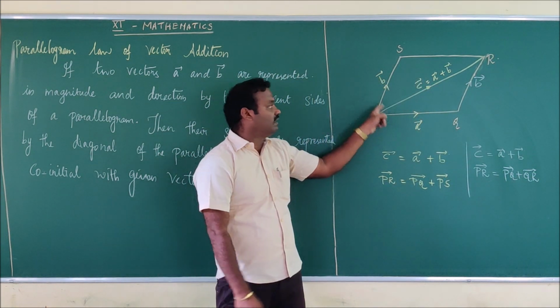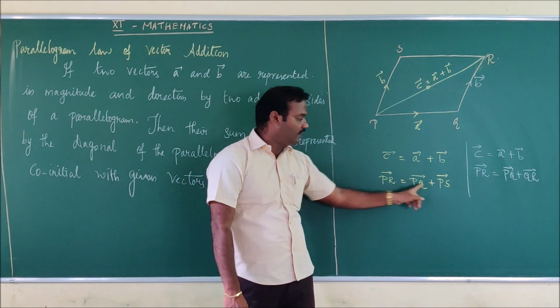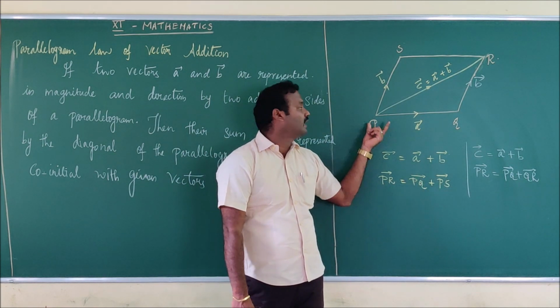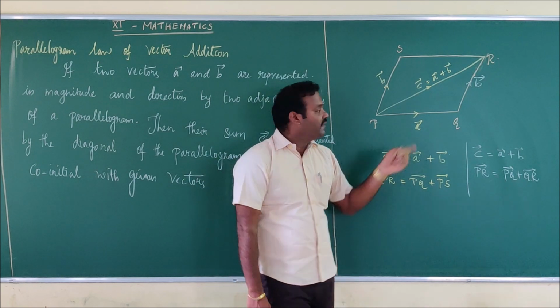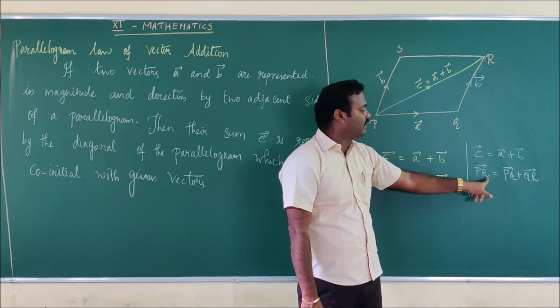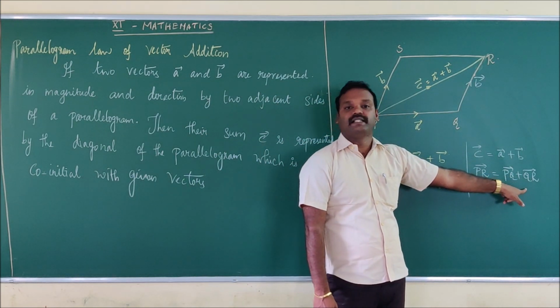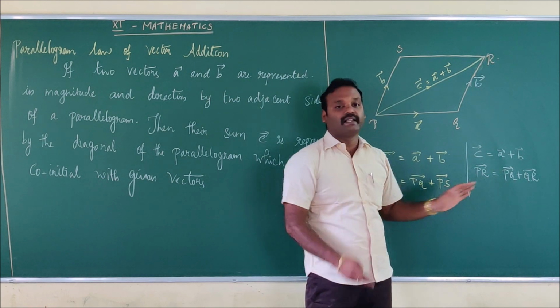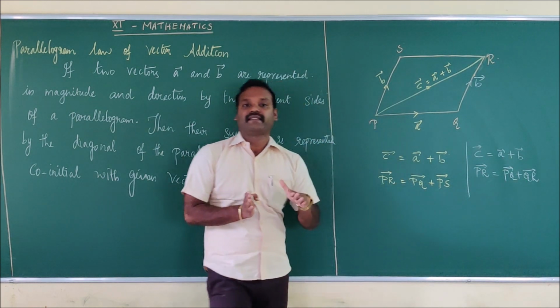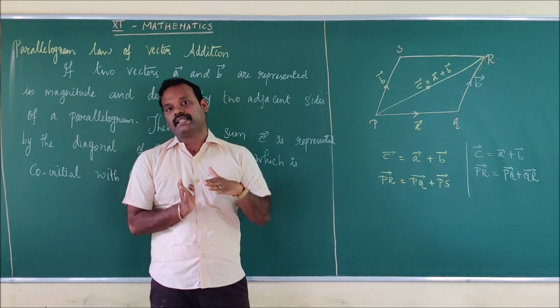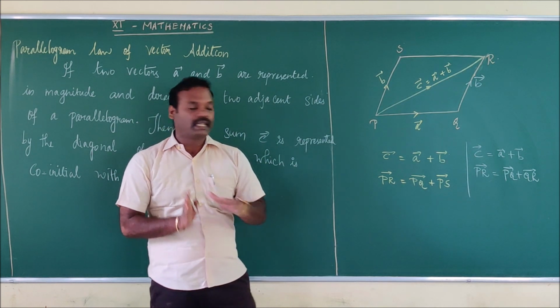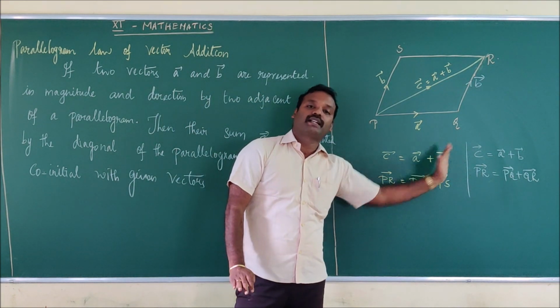When I take these two adjacent sides, the result changes accordingly. These two results are the same. One may take the adjacent sides as they like. No problem in it. Both of them are correct.